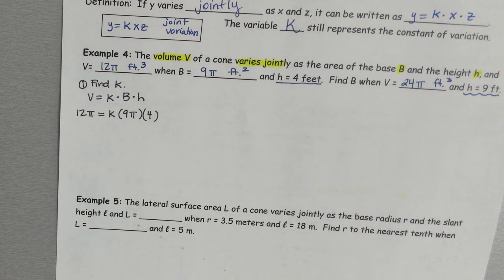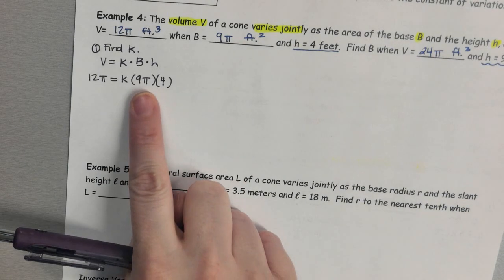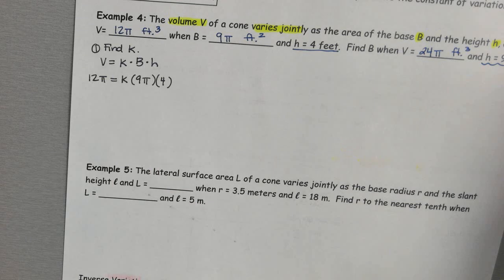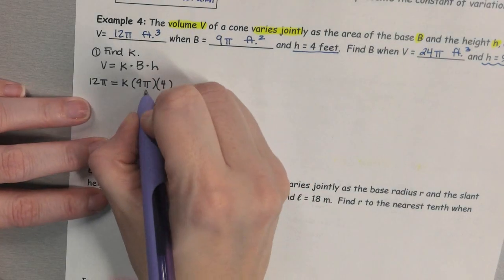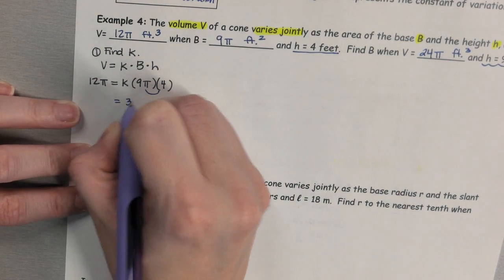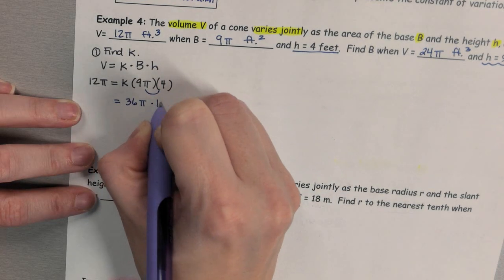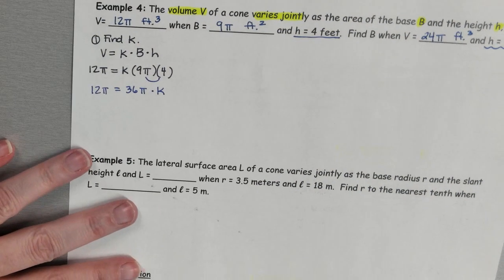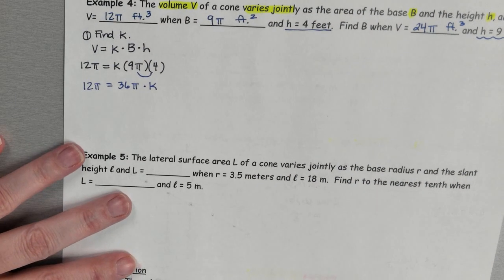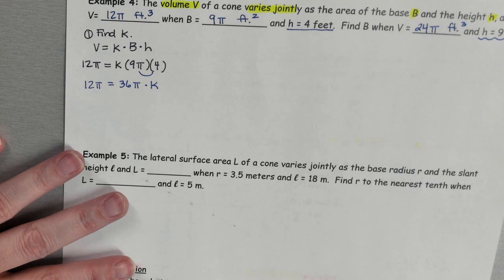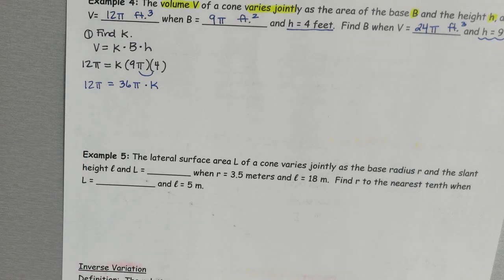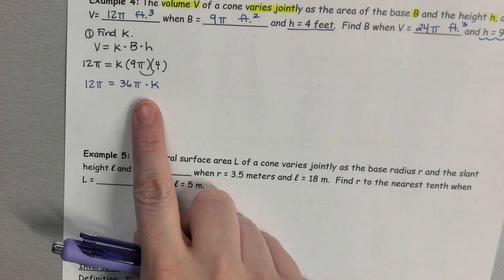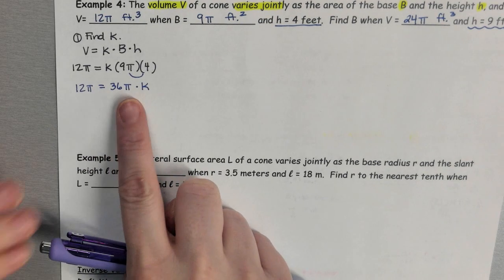Now when you're solving, there are a couple different ways to do this. I always recommend simplifying this side first, so multiplying these together. So 9 pi times 4 is 36 pi. And that's still times K, and then this is 12 pi. Okay, so if I want to get K by itself, Brianna, can you tell me what I want to do to both sides to get K by itself?